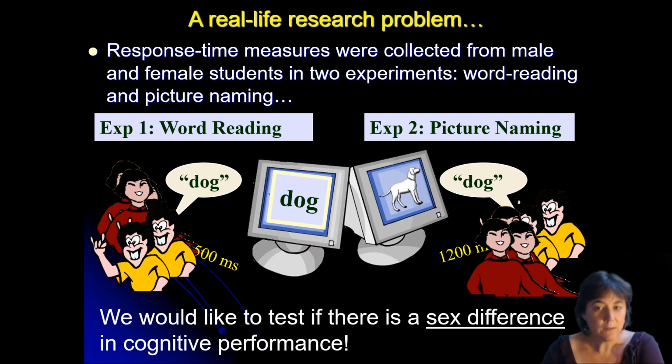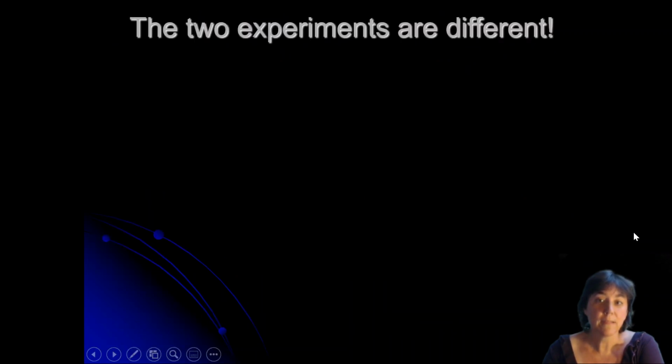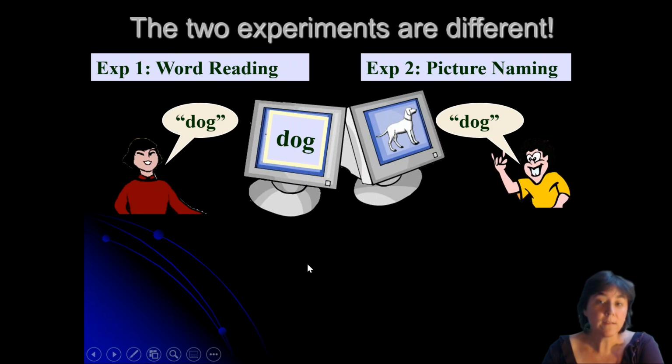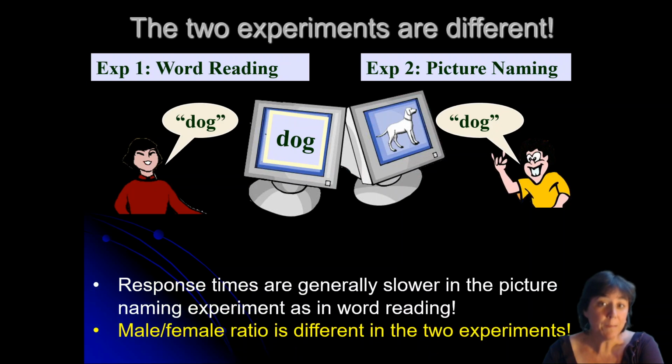Now, what I wanted to test was if there were any sex differences in cognitive performance, straight as that, but I wanted to use both experimental data. What could I do? Well, the problem is that the two experiments are different, as we've highlighted. Moreover, not the same number of people and not the same number of males and females were in the two experiments.